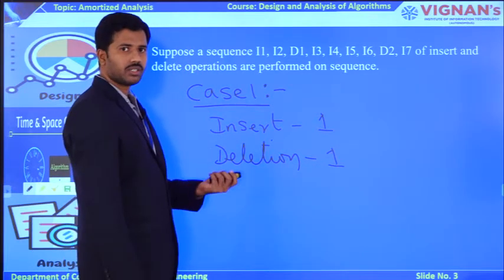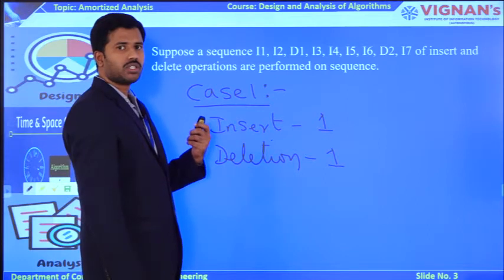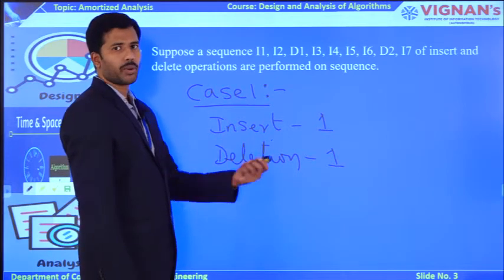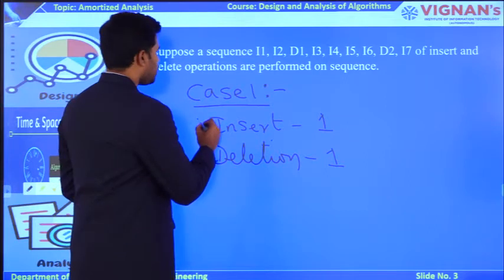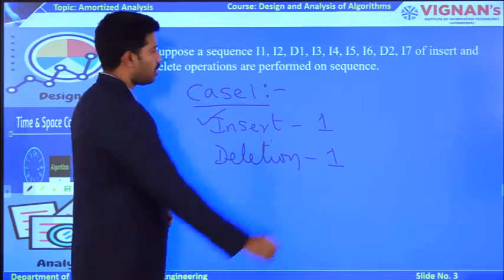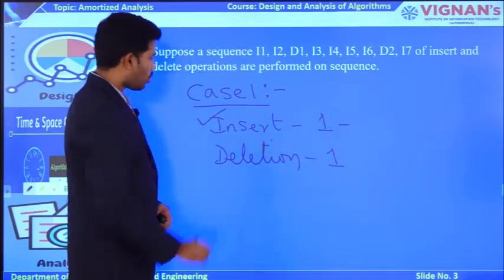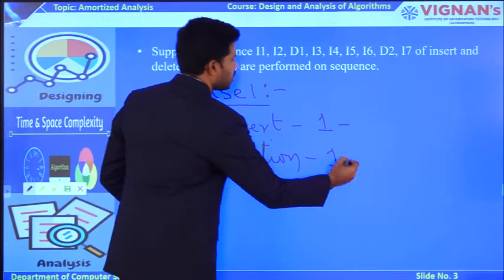Actual cost means the cost which is needed to apply that operation. To apply the insertion operation, the cost is 1. To apply the deletion operation, the cost is also 1.